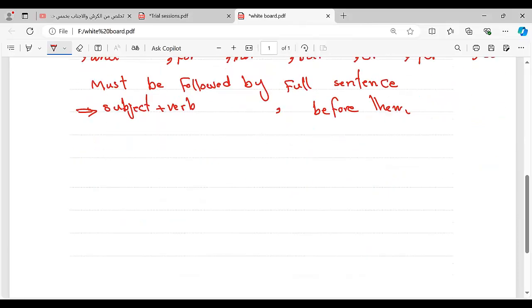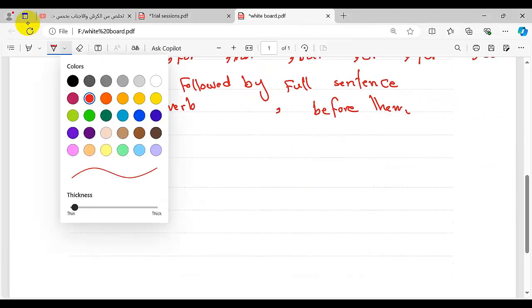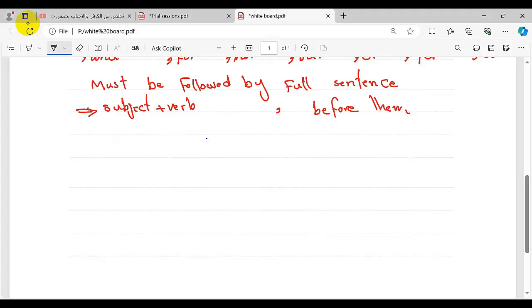Let's note here, if I wrote this sentence, I will meet him or not. What do you think of this sentence? Should I write a comma here?